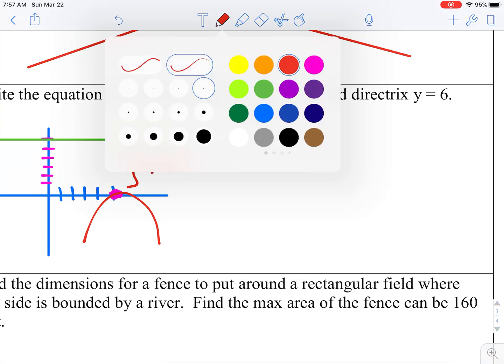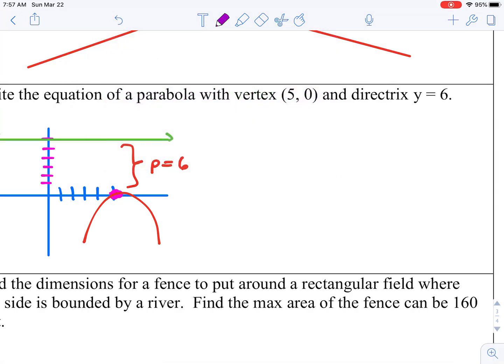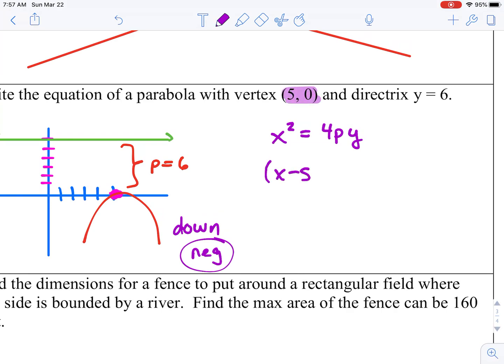And knowing that the graph opens down, the question is, what is being squared? That means our x is being squared. So we're going to put our 4py on the other side. It's opening down, so we'll have to make sure we put in our negative. Next, we can put in the vertex, so we'll have (x minus 5) squared.